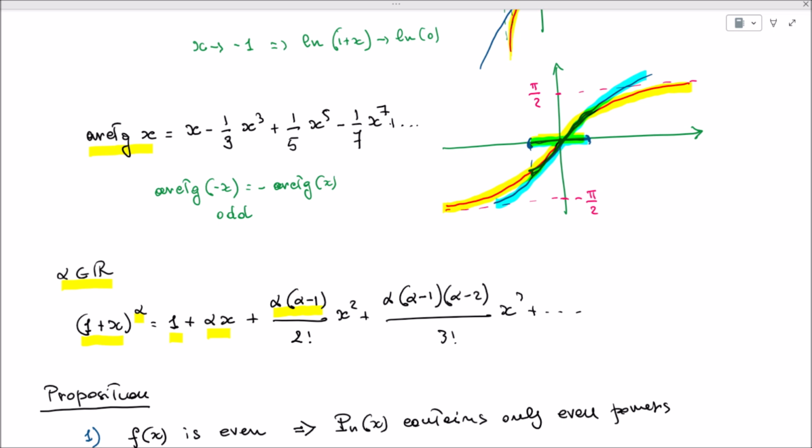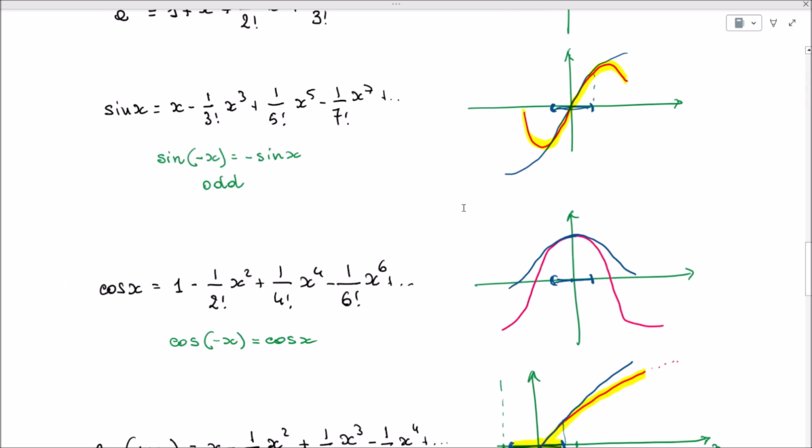But notice something now. When dealing, for example, with the sine of x, which we know to be an odd function, in fact, we know that sine of minus x is minus sine of x, we notice that in the Taylor polynomial, we only have powers of x with odd exponents.